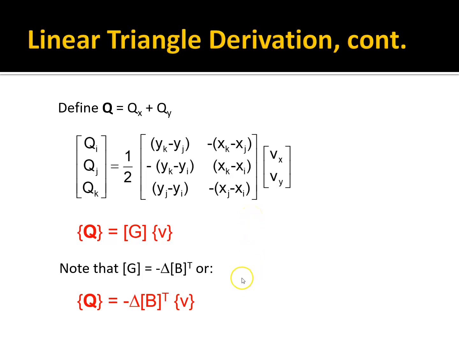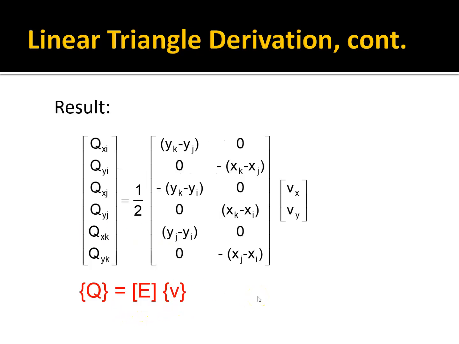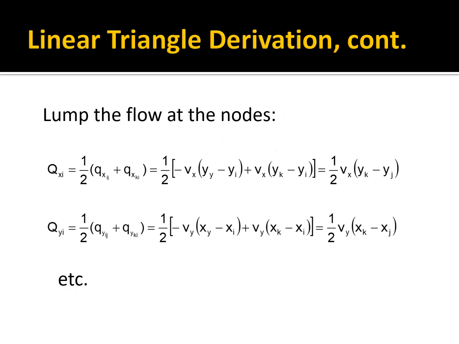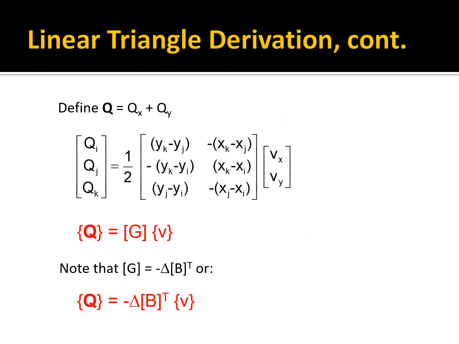And you may not notice it, but let me tell you that this matrix G is equal to minus delta times the transpose of B. And therefore we can say Q is equal to minus delta B transpose times B. What is B? Remember, B was this equation right here that we derived when we were defining an expression for the hydraulic gradient. So that's nice. We'll take advantage of that.